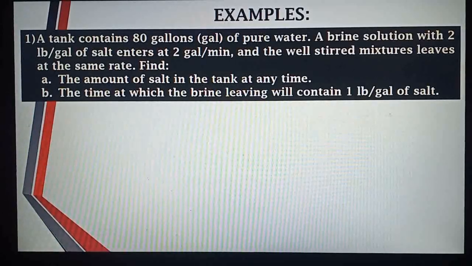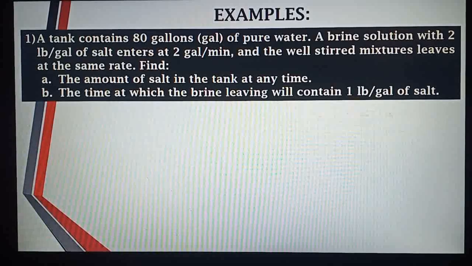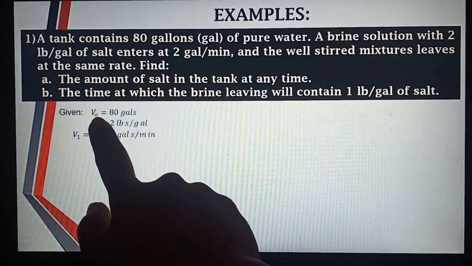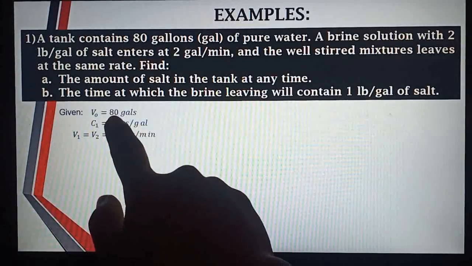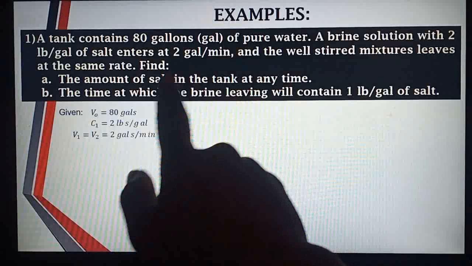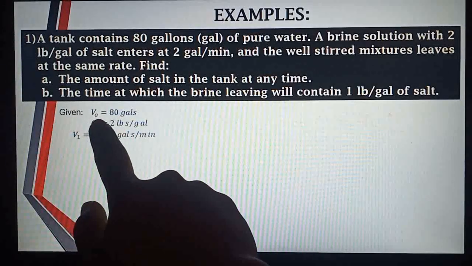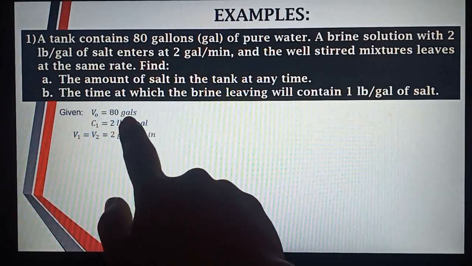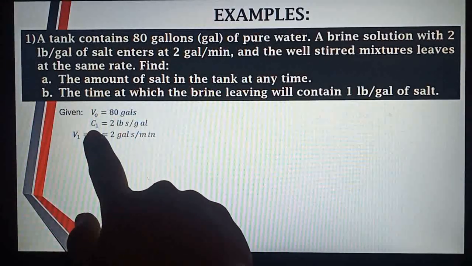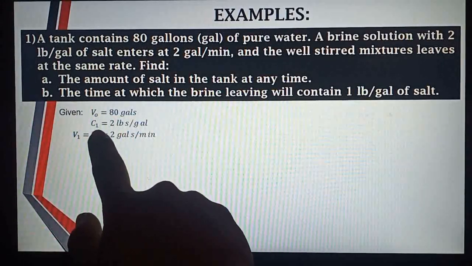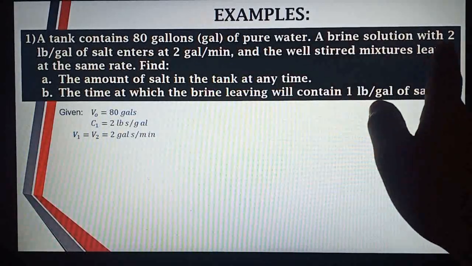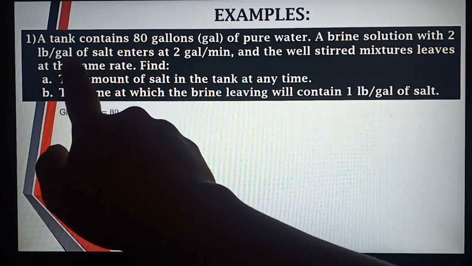Okay, let's talk about the givens. We have the initial volume of the tank: a tank contains 80 gallons of pure water, so V0 is 80 gallons. Then C1 is the input concentration, the concentration coming in, that is 2 pounds per gallon, since a brine solution with 2 pounds per gallon enters.